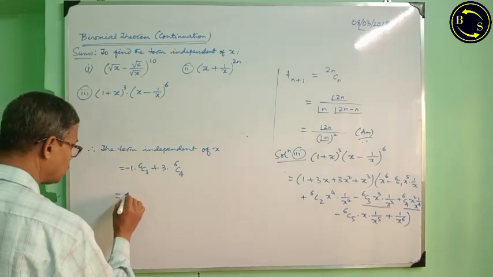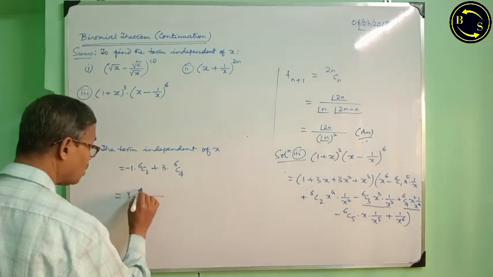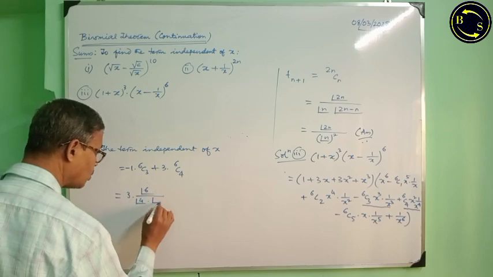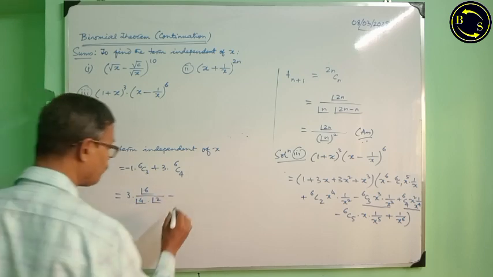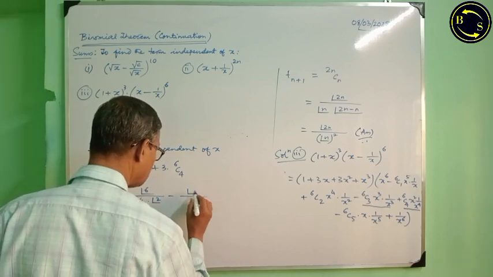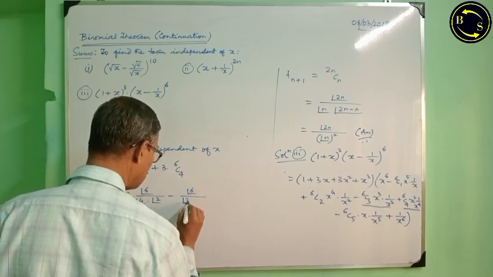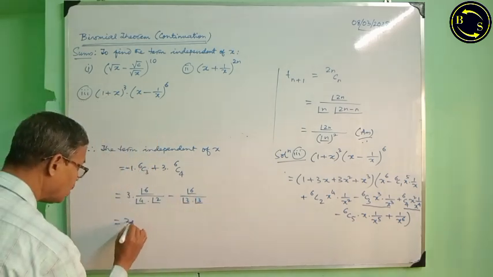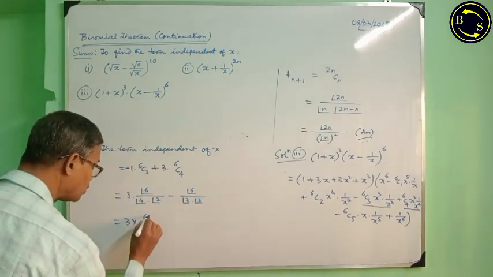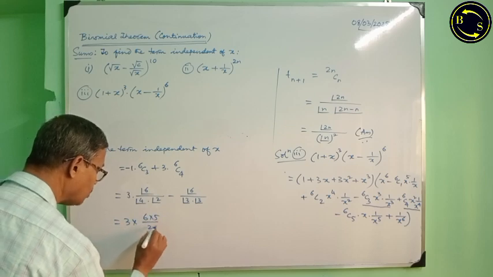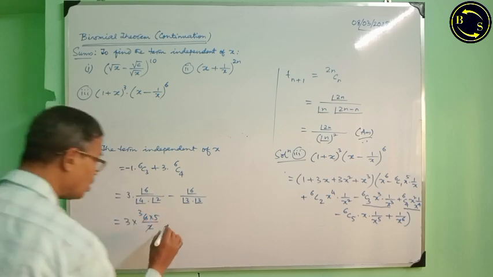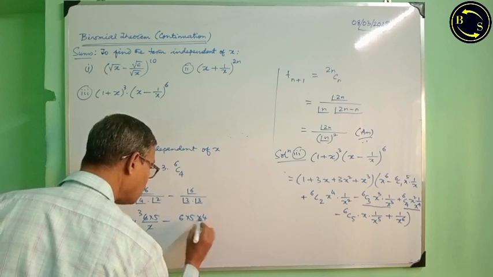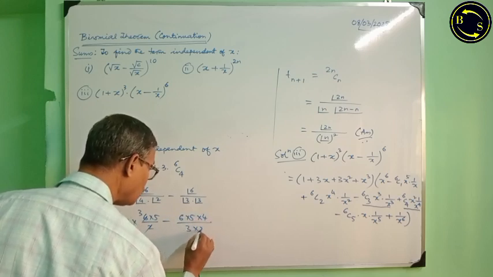Now, we simplify that. 3 into factorial 6 by factorial 4 into factorial 2 minus factorial 6 by factorial 3 into factorial 3. 3 into 6 into 5 by 2 minus 6 into 5 into 4 by 3 into 2.